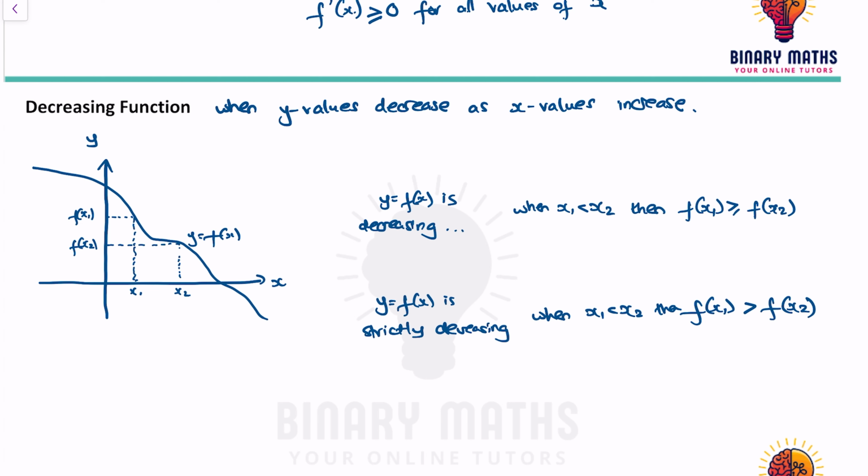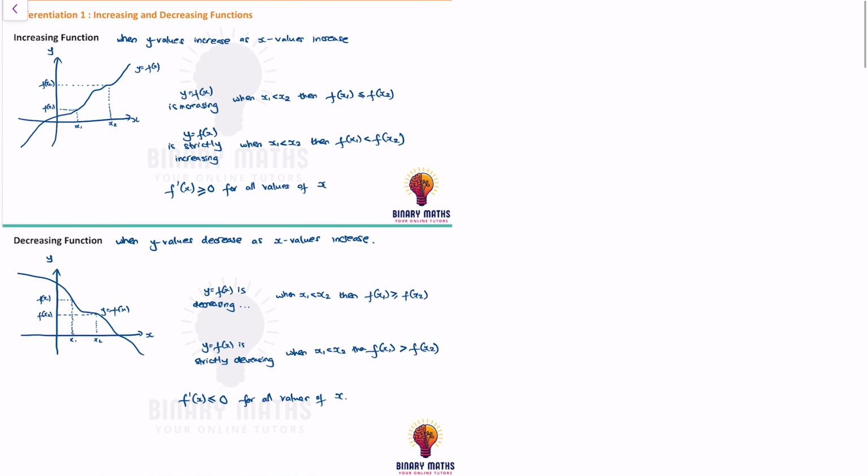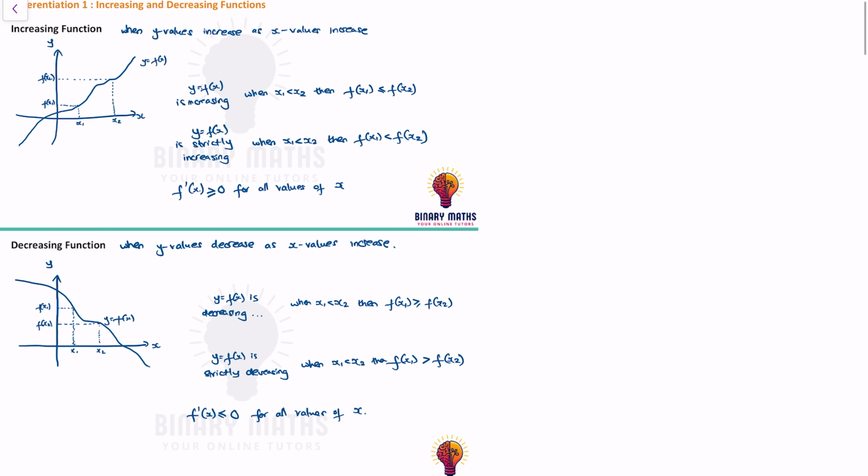If you draw a tangent at any point on the curve y equals f of x, we can see that the gradient is always negative. So f dash of x is less than or equal to 0 for all values of x. And obviously, if it's strictly decreasing, then it will be less than 0. So this is everything that is summarized about increasing and decreasing functions.